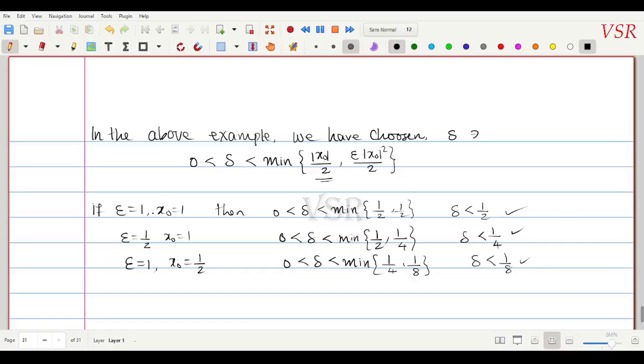Both x naught as well as your epsilon will choose your delta.